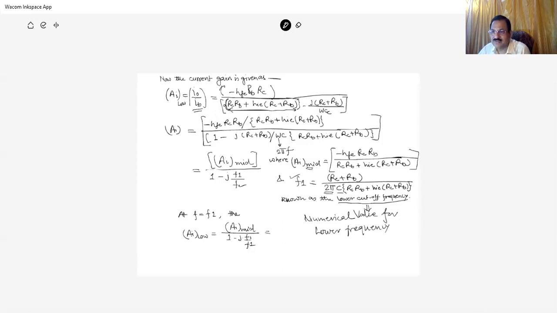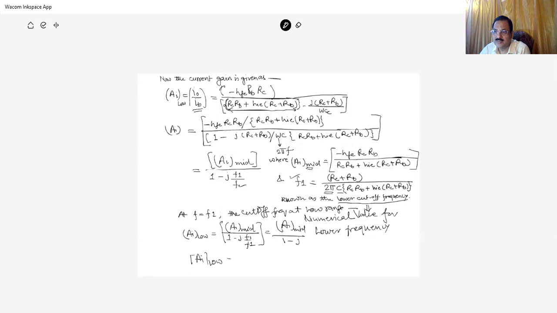At f is equal to f1, the cutoff frequency, at the low range, from the expression, AI mid gain upon 1 minus J, and the amplitude is AI low.